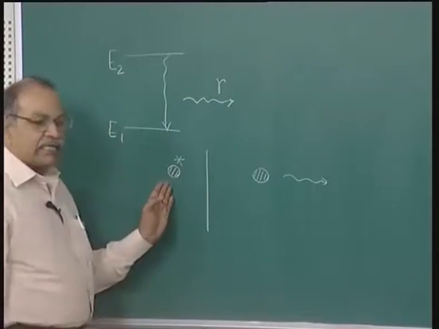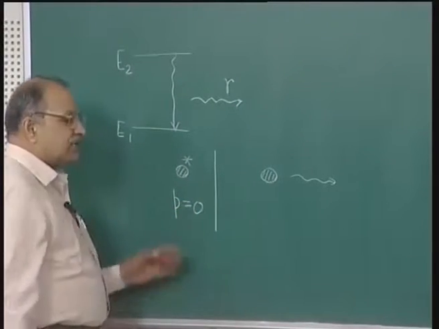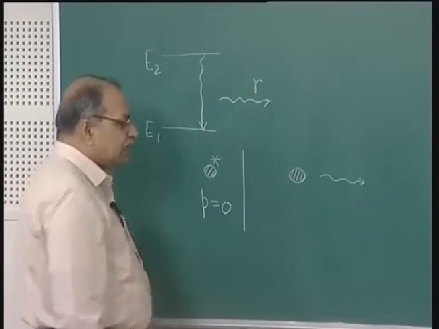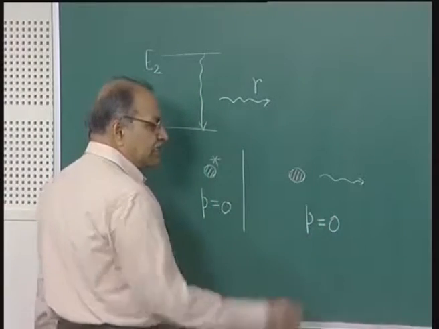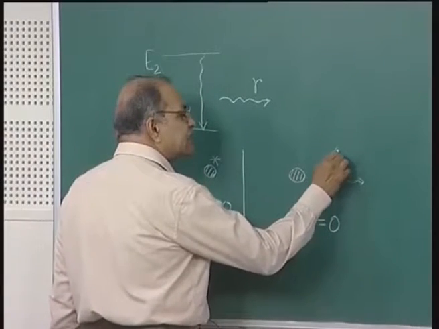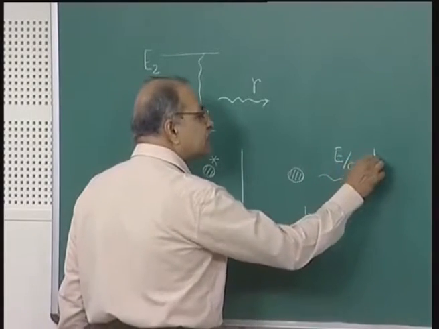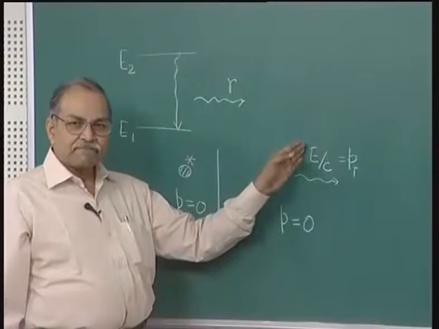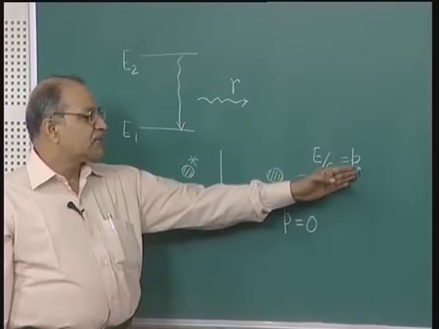So the total linear momentum here is 0, and therefore, applying conservation of linear momentum, the total momentum here should also be 0. This gamma ray is taking away a momentum of E by c. If the energy of the gamma ray is E, it is a photon, the corresponding linear momentum will be E by c.